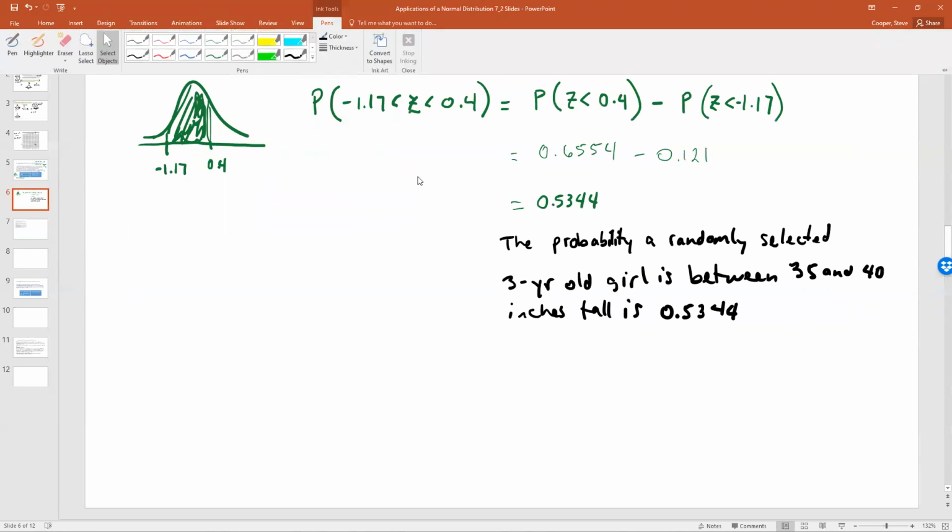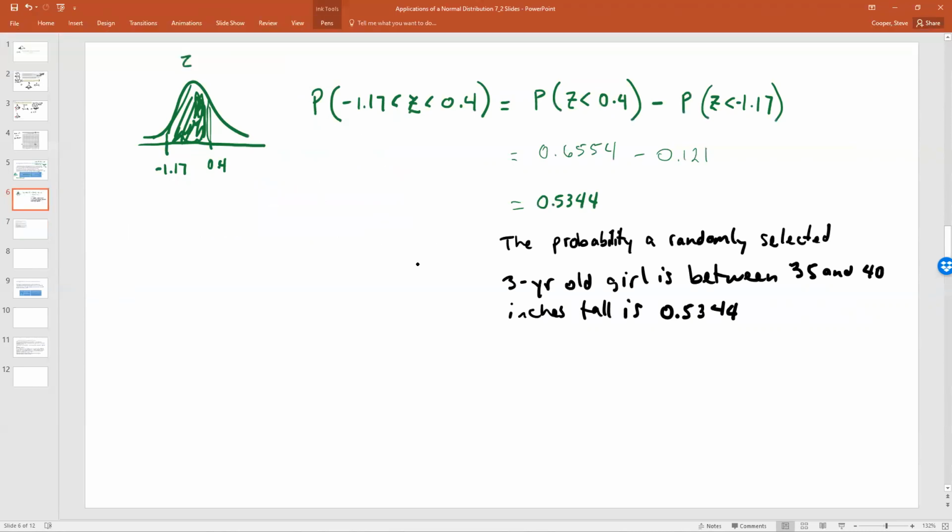So remember, we were looking at this in terms of X was the probability that 35 less than X less than 40. And we discovered that's equivalent to a normal probability of negative 1.17 less than Z less than 0.4.